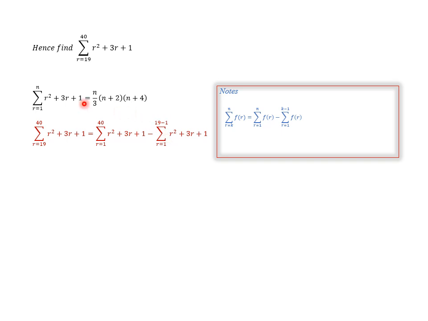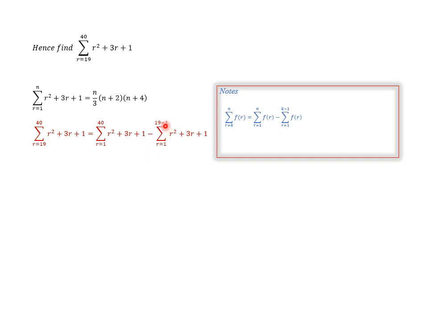We have established that the summation of r equals 1 up to n of r squared plus 3r plus 1 is equal to n over 3, then n plus 2, close brackets, times n plus 4. Now we can replace the summations using 40 and 19 minus 1, which is 18.